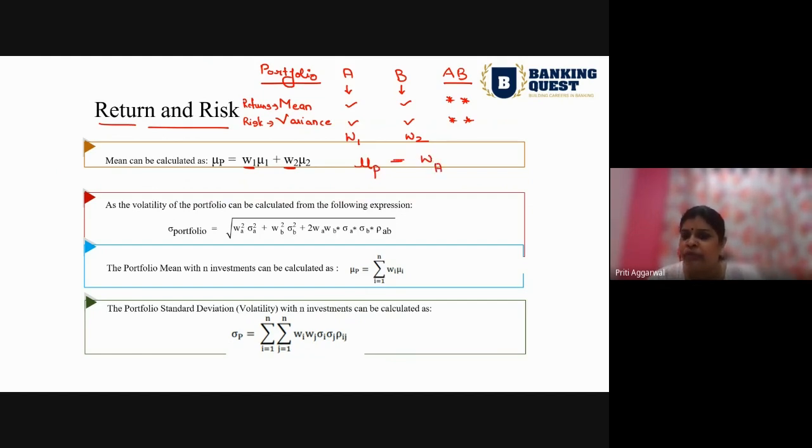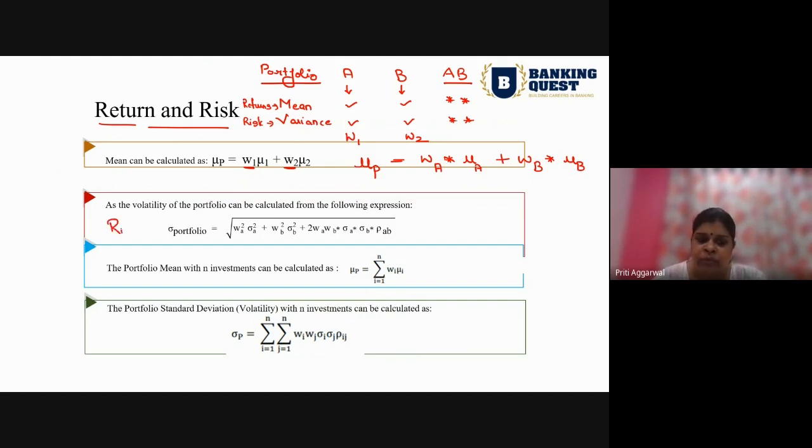So weight of A into the mean of A plus weight of B into the mean of B, right? That is how we try to calculate your portfolio returns.